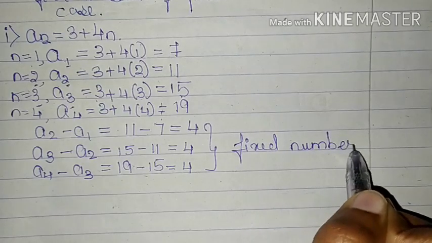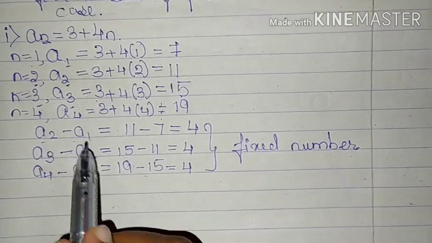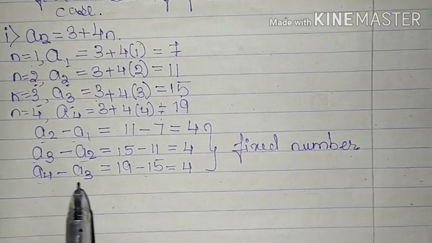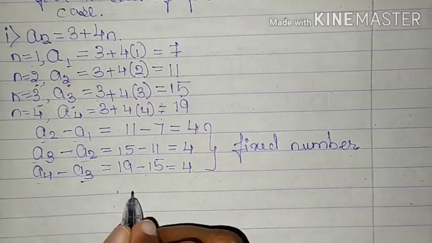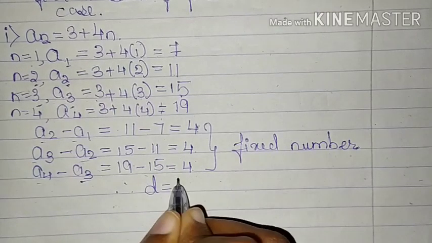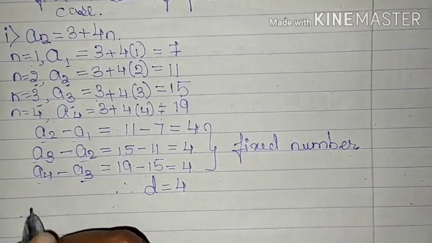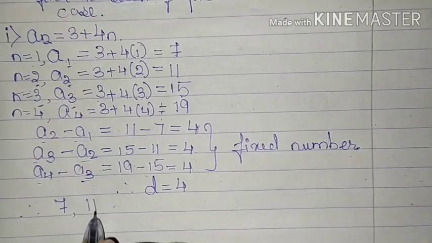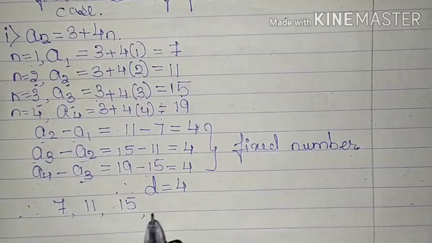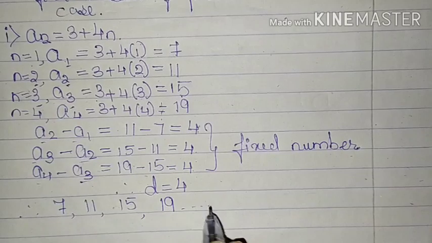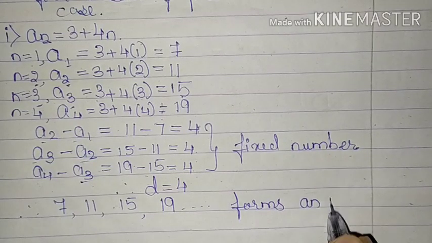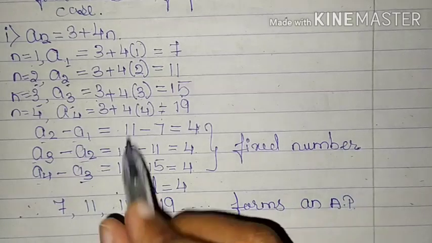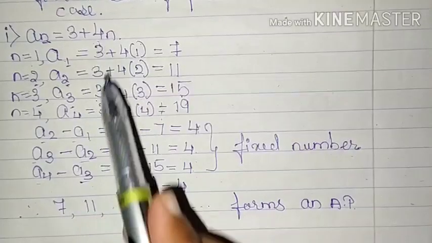The difference between the consecutive terms, that is a2 minus a1, a3 minus a2, a4 minus a3, is a fixed number which is equal to 4. Therefore d is equal to 4. Therefore 7, 11, 15, 19 and so on forms an AP whose an is 3 plus 4n.